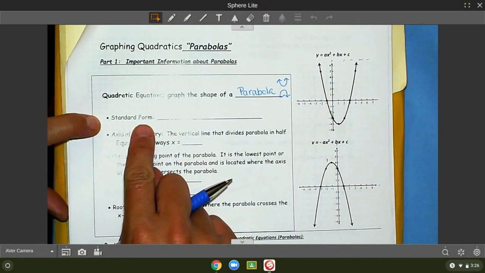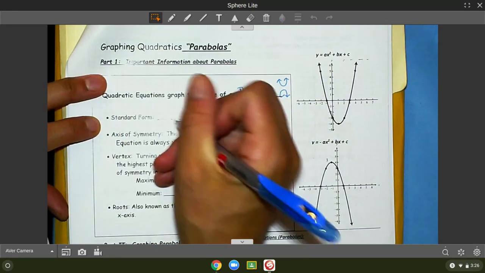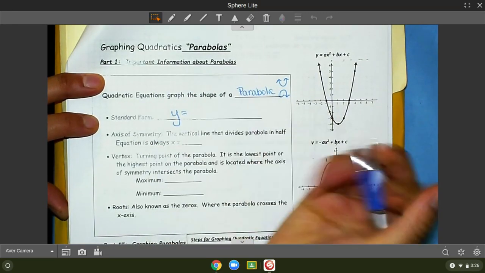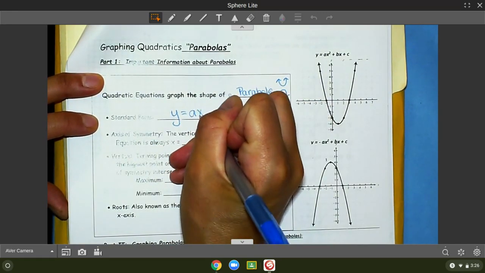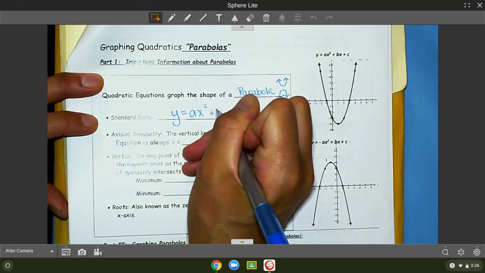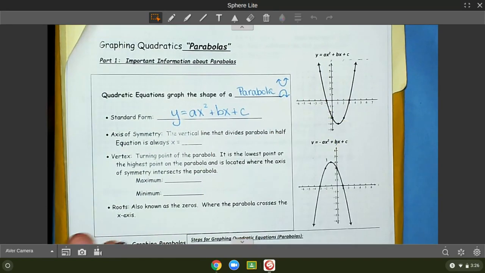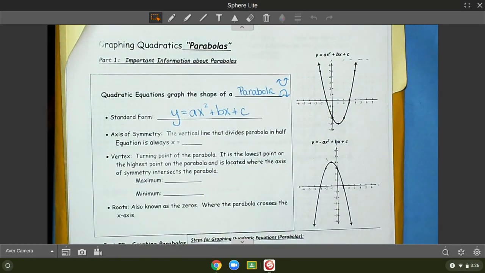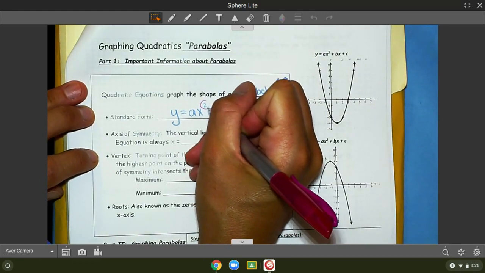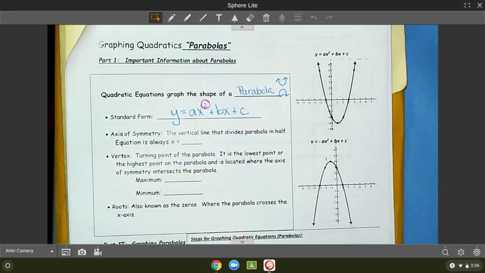So the standard form for a quadratic equation is y equals ax squared plus bx plus c. All right, a, b, and c, those are just number values. What's important is that the exponent of the x is squared. That's what makes it quadratic.